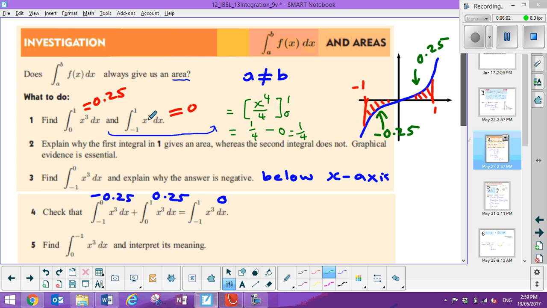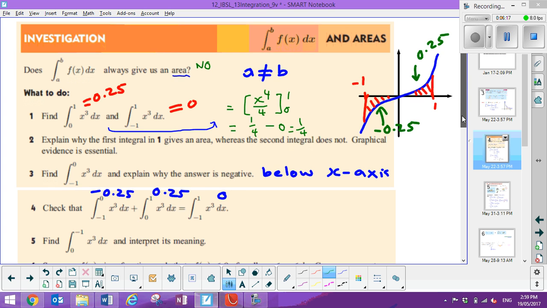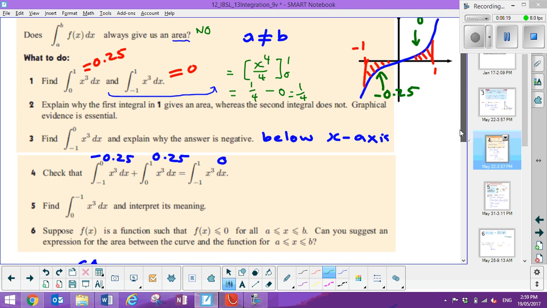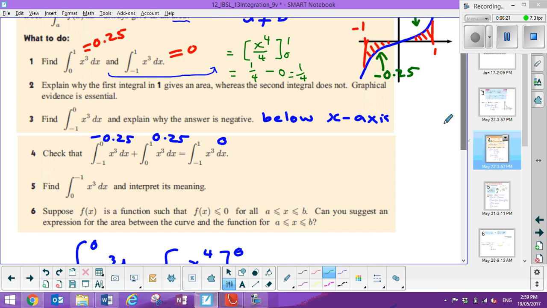So you could either have done that with your calculator or done it manually. So an integral does not always give us an area, because in this case we don't get the area because they've cancelled out completely. It's like the net result. We've talked about that graph. In this one here, why is your answer negative?